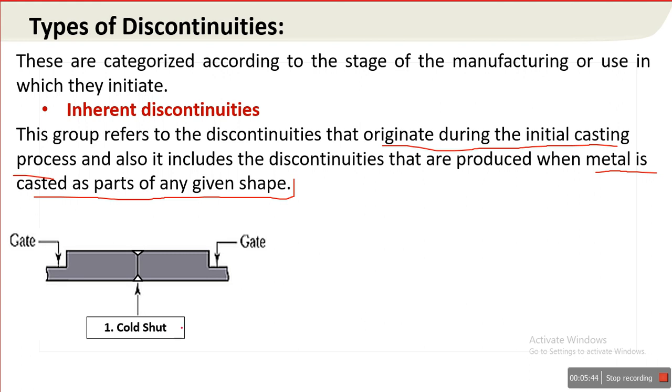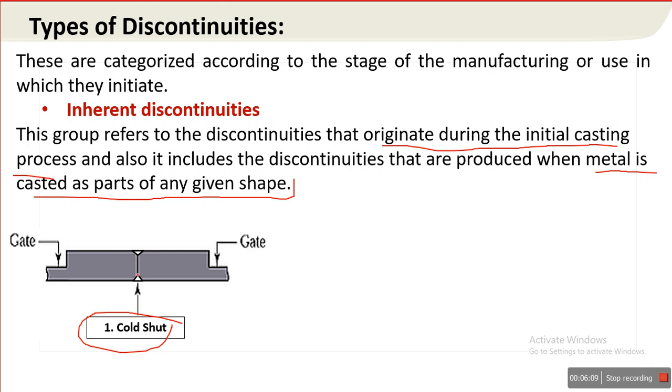First is cold shut. It originates due to the collaboration of two metal flows, that is hot metal, molten metal. One molten metal flow comes from the first gate, another flow of molten metal comes from the second gate, and they collaborate in between.